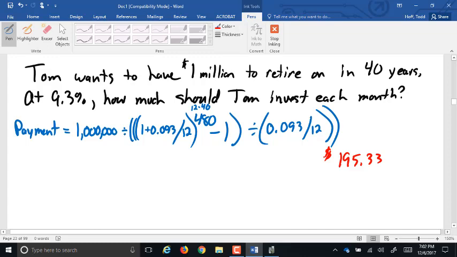If it were only like 10 years long, it wouldn't make much of a difference, but being 40 years, it makes a huge difference. So that means Tom only has to pay in less than $200 a month to become a millionaire, starting at like 25, 26, 27 years old. So $200 a month is affordable.